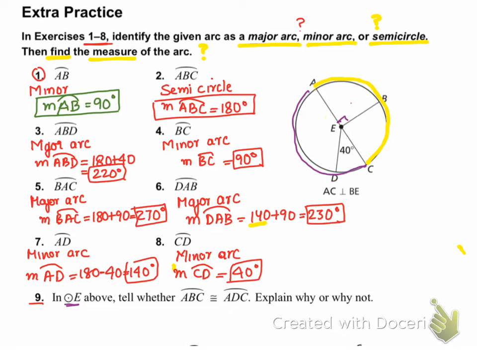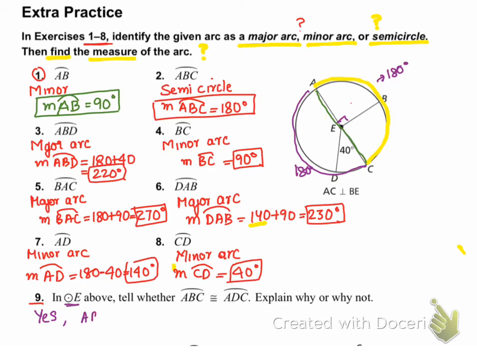They're going to be congruent only when their central angles are the same, the congruent central angles theorem. So for this arc, the yellow one, we know the measurement is 180 degrees because it's a semicircle. This is also 180 degrees. Why is it a semicircle? Because I know this AC is a diameter. So yes, they're congruent.